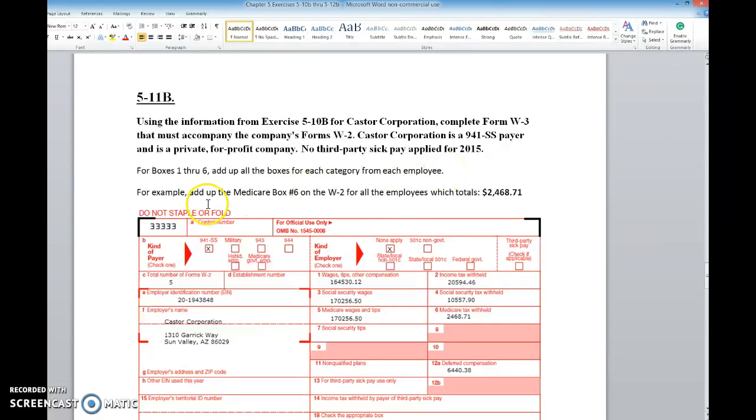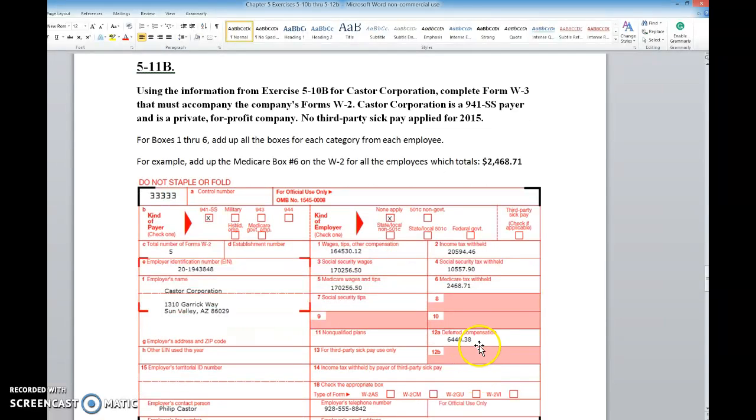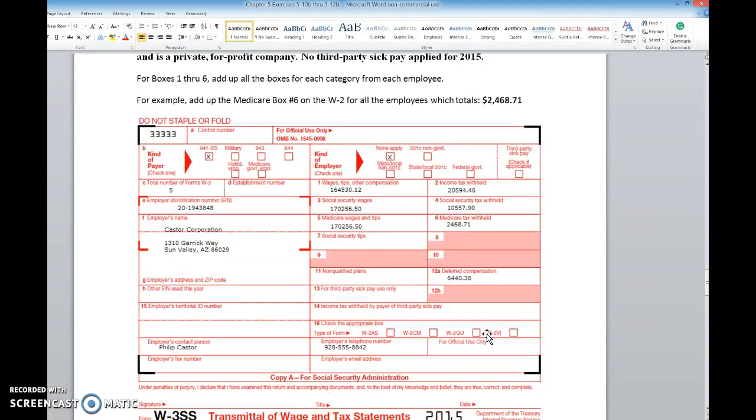So as an example, if we added up all the Medicare amounts in box number 6 on the W-2s for all employees, the total will be $2,468.71. You will do this for box 1, 2, 3, 4, 5, and 6, along with box 12. So you just have to go through and add up those totals.